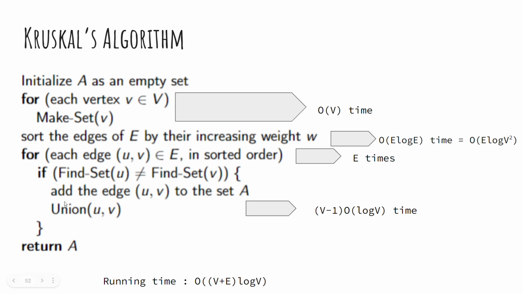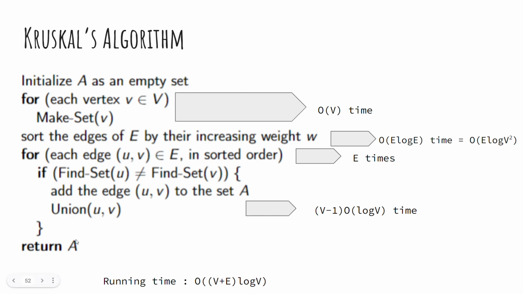And then this for loop right here runs E times, because there are E edges in the sorted list, and then we'll basically find set U and find set V, where the union operation will take V minus 1 times big O of log V, because we know that find set U will not be equal to find set V only V minus 1 times.